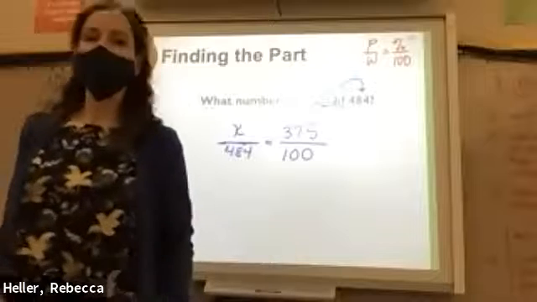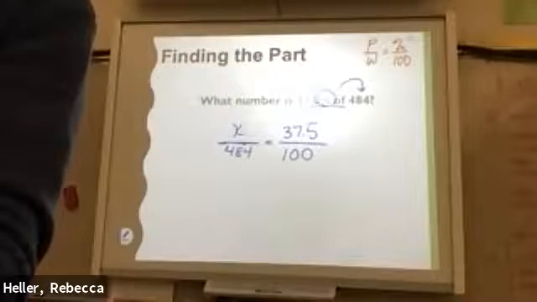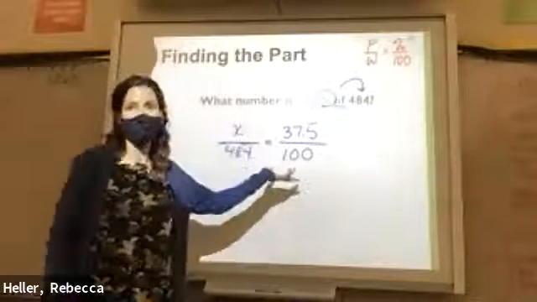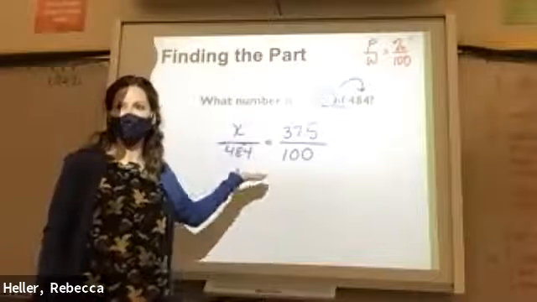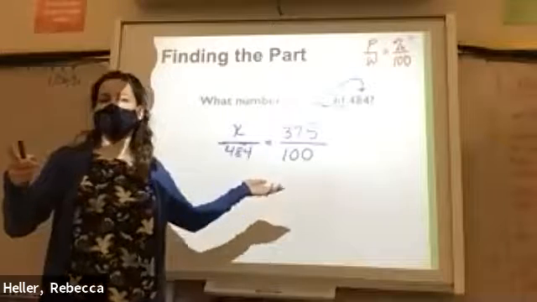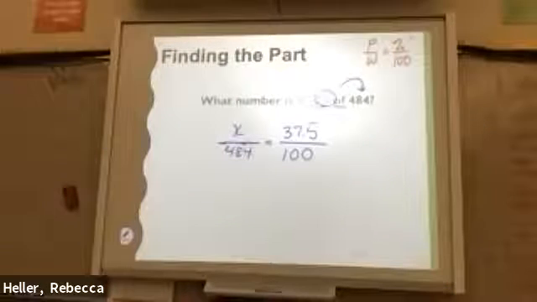Okay, now at this point, because we spent almost all of last chapter solving these types of problems, proportions, we should all know how to solve these, right? Did you learn how to do this? Yes.